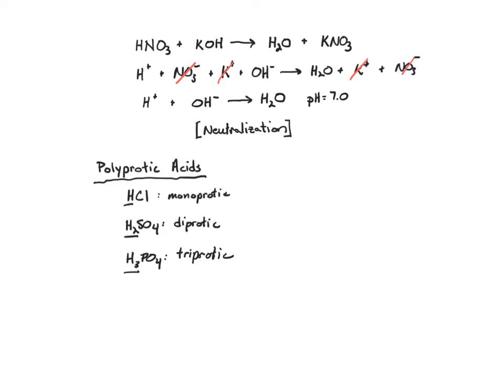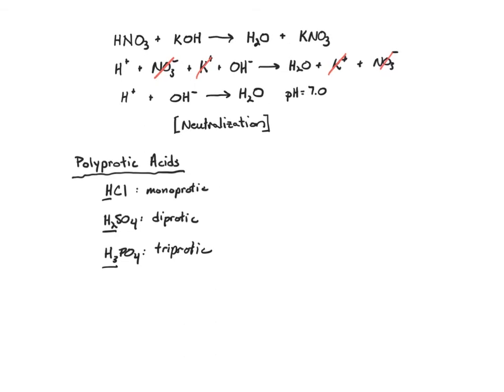Now, the way that these things are going to behave in the presence of bases is going to be slightly different. If I take HCl and react that with sodium hydroxide, I get a molecule of water plus sodium chloride.